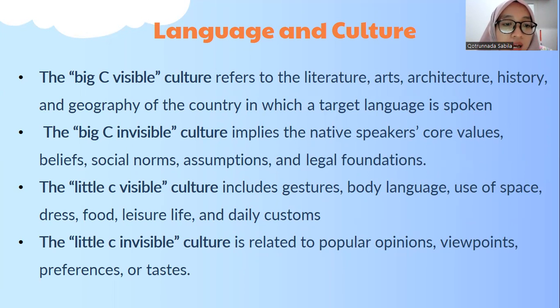Whereas the Big C invisible culture implies the native speaker's core values, beliefs, social norms, assumptions, and legal foundation. On the other hand, the little c visible culture includes gesture, body language, use of space, dress, food, leisure, life, and daily customs. And the little c invisible culture is related to popular opinions, viewpoints, references, or taste.